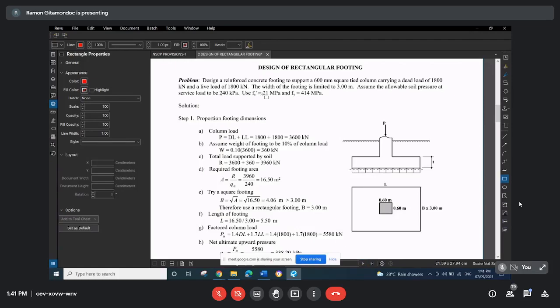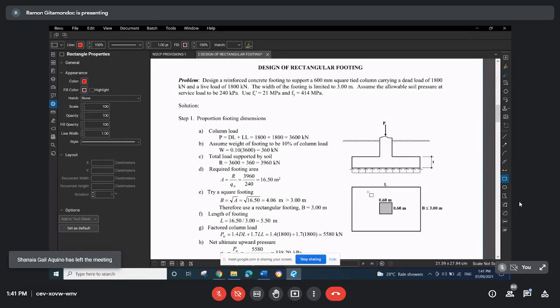Now in this problem, we have an additional constraint, that is the width of the footing is limited to 3 meters. That is on one side, as you can see in this figure. So this dimension here is not to exceed 3 meters. Probably there is an obstruction close to the column, or we have a property line which is situated 1.5 meter from the column center line. So that will limit the width of the footing to only 3 meters.